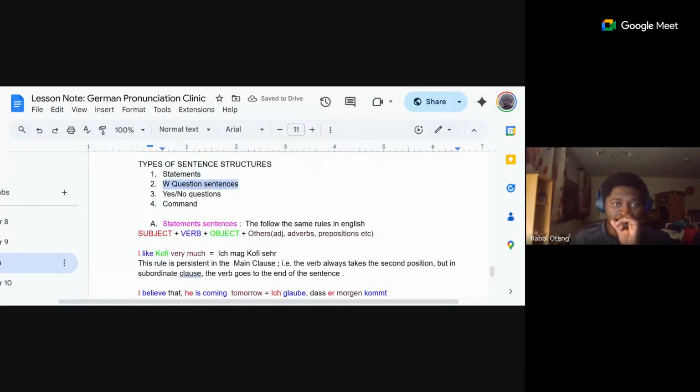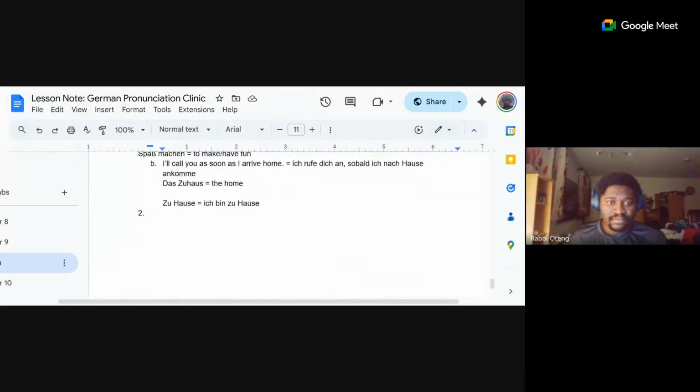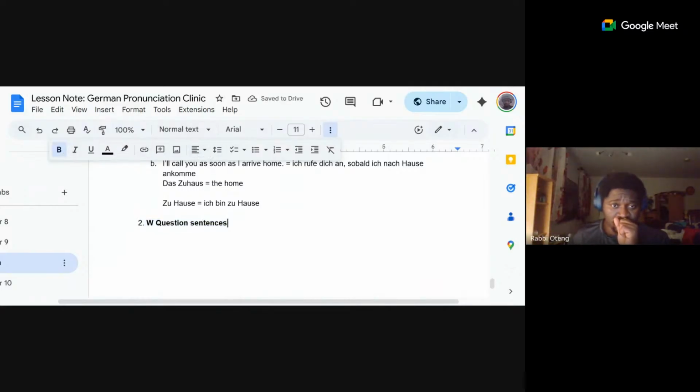We have W questions. So the W questions also follow the same structure as statements in English.